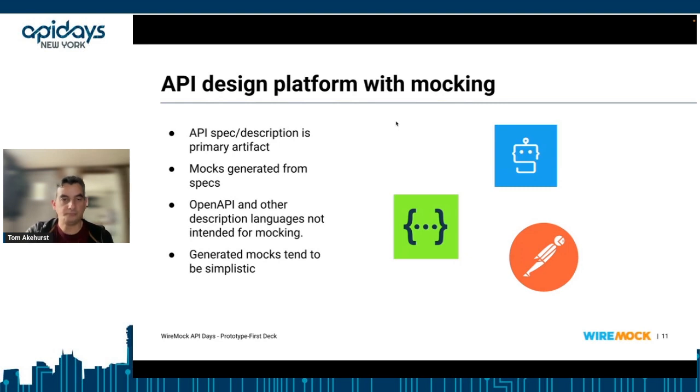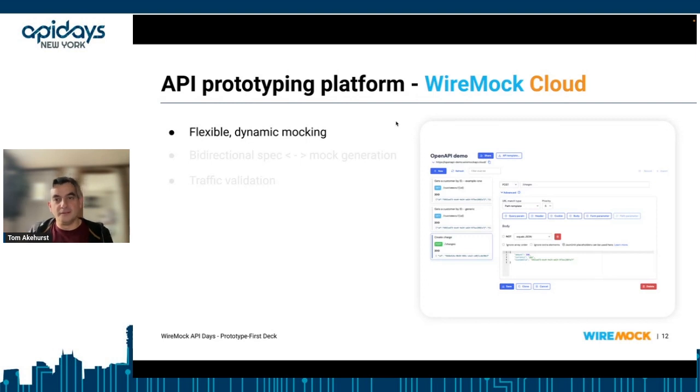It won't surprise you to learn that WireMock Cloud, my company's main product, is specifically designed with API prototyping in mind. It brings together a number of the things that I've talked about in previous slides and puts it all together in one platform that makes this workflow easy and practical and scalable up to complex systems, with lots of teams using it.